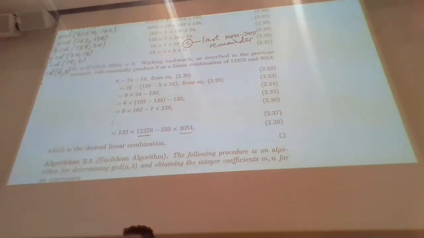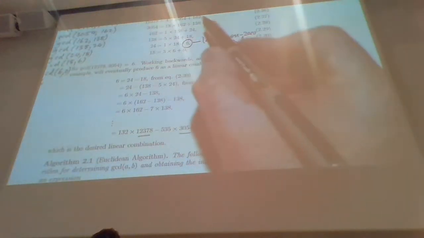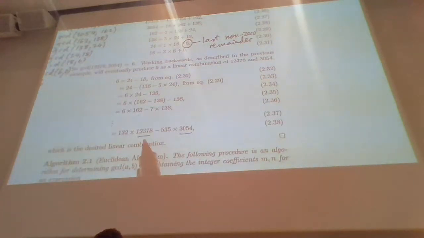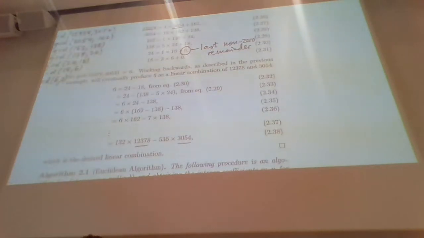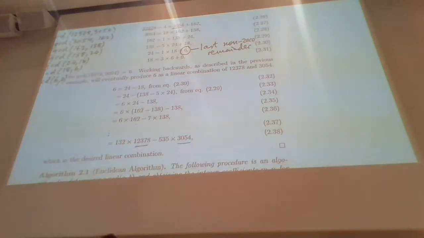So we're moving backwards up the chain of equations and getting a linear combination for 6 until eventually we make the last substitution and get rid of the 162, and we're left with 6 as a linear combination of 12378 and 3054, which were the initial pair that we were provided with. So we've calculated there the 132 and the negative 535. They're the two coefficients.